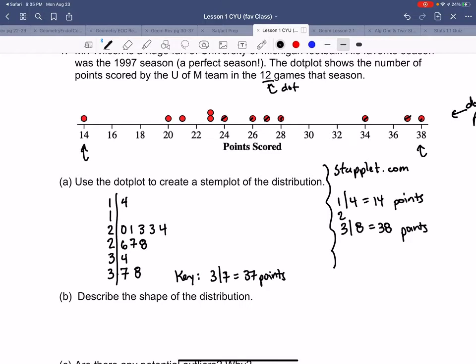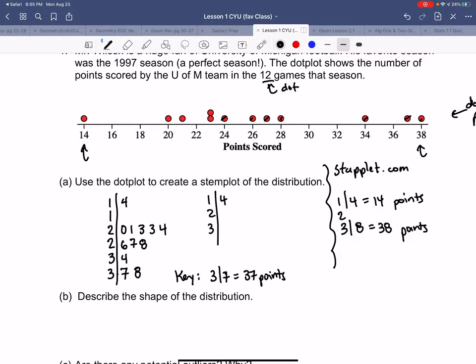Now, describe the shape of the distribution. What I'd like you to do is think about what this looks like, and you turn your head to the right and see, right? Again, it's totally okay if you made it just with 2. I'll make it a little easier. Probably more of you made it this way.